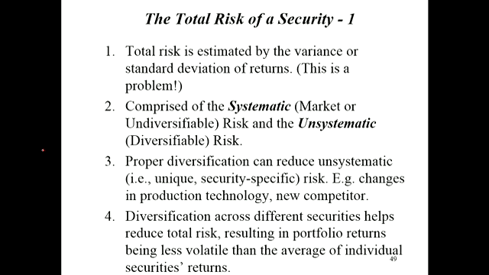Because as we progress, we'll make a conjecture that in terms of the reward that you get, you are only rewarded for holding the systematic risk. Because, at least in theory, you can get rid of all the unsystematic risk with proper diversification. So if you can get rid of that risk simply by diversifying, then you don't get rewarded for it.